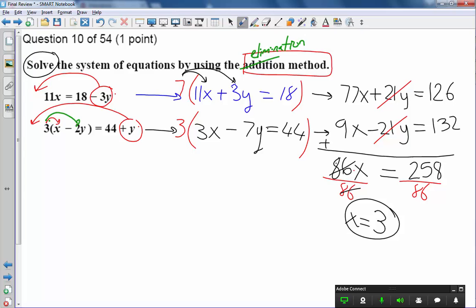But where shall we plug in? Here, there, or you have to modify the equation, here or there. Where do you want to plug it? Into 11x right here, or this one? The original one. If you suspect there may be a mistake in your operations here, you may not want to choose this one.